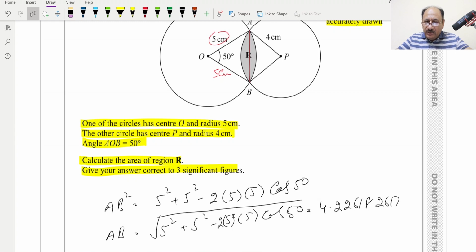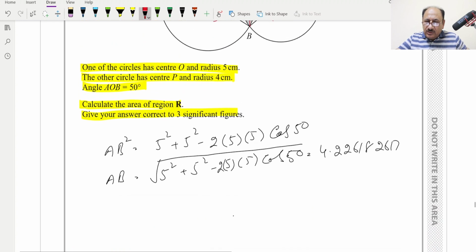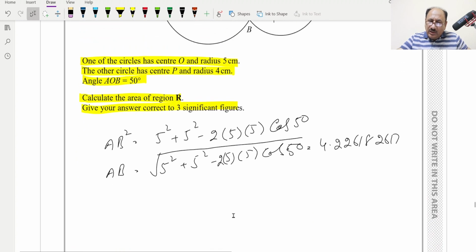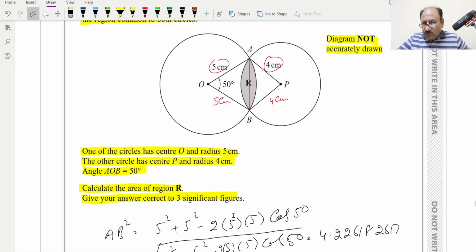We can find angle APB, and for angle APB we have this side, this side is 4 centimeter. This side will also be 4 centimeter, and we can apply the cosine rule for theta. Basically we are interested in the theta value of this.